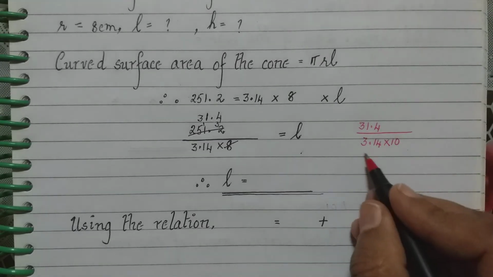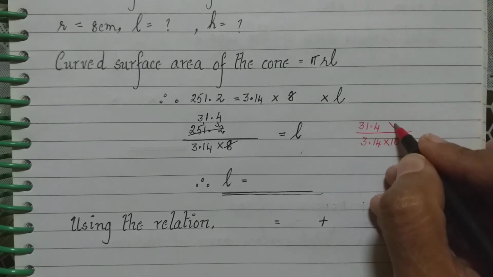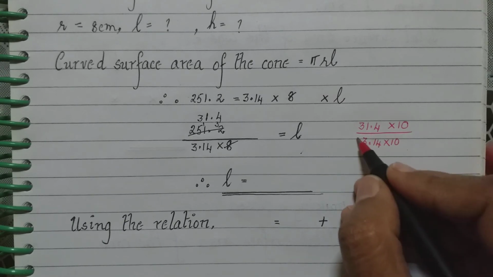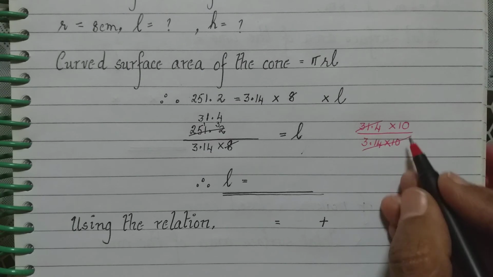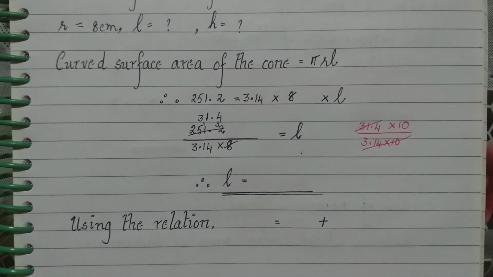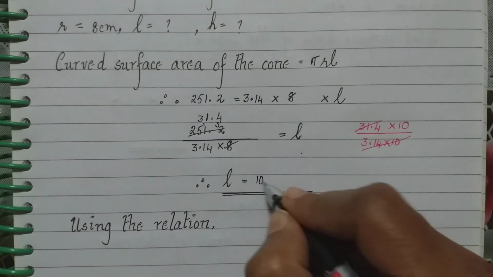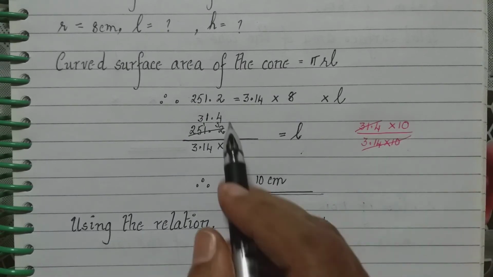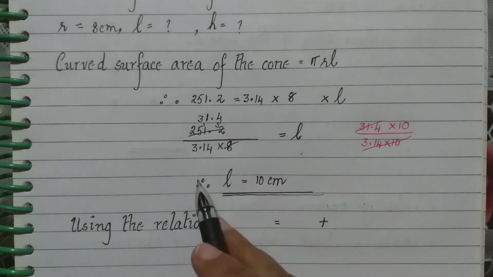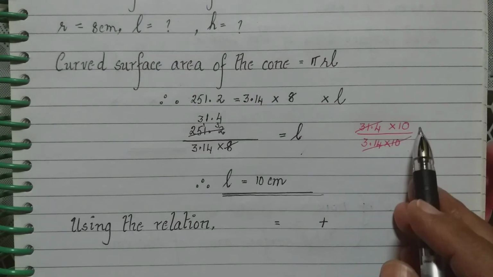That means this and this now are equivalent. And if I am multiplying the denominator with 10, I have to multiply the numerator also with 10. Now we said that this and this are equivalent. So both will cancel. What is left now? Only 10. Therefore L is equal to now here 10 centimeter. Okay, so this is how I have done this calculation, that is how we cancel 31.4 and 3.14. So 31.4 upon 3.14 the answer will be 10.